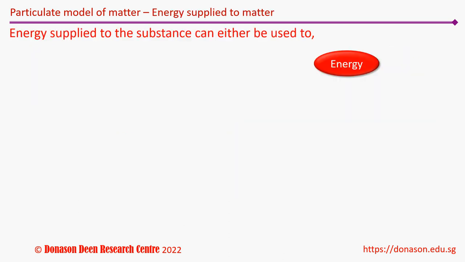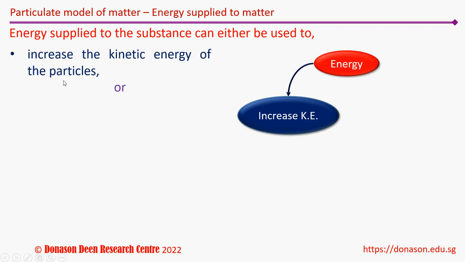Let's look at what happens when we supply energy to any matter or any substance. The energy can be used for two purposes, in either-or fashion. So the energy can either be used to increase the kinetic energy of the particles, the movement energy, so if we supply heat energy, it goes into increasing the kinetic energy of the particles in that substance.